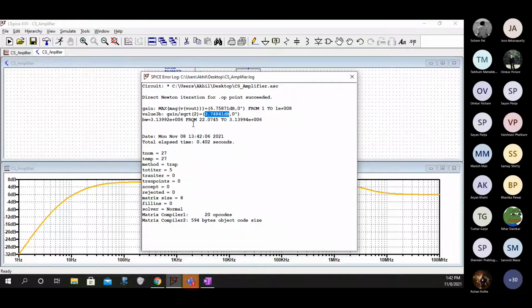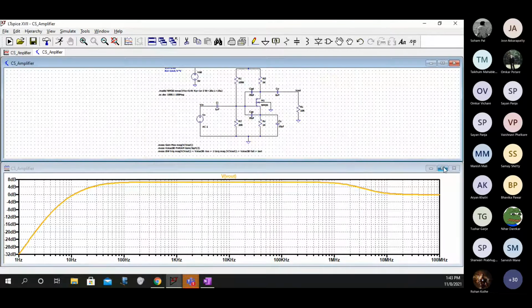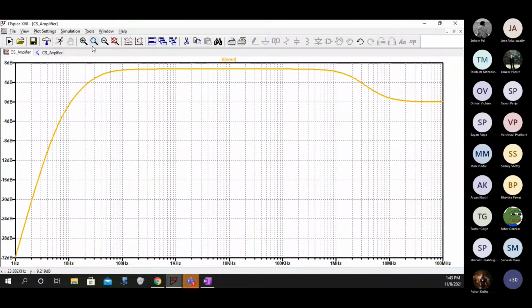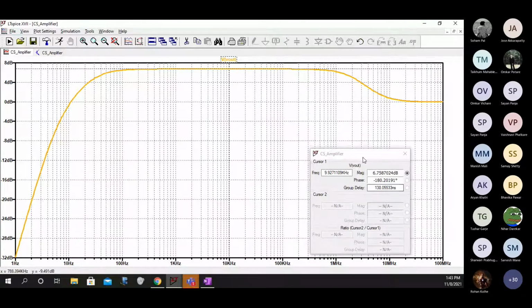And the bandwidth is from 3.399 to 10 raised to 6, meaning megahertz. And what is the lower cutoff? 22.0745 hertz. And this is the maximum value, 3.13994 megahertz.